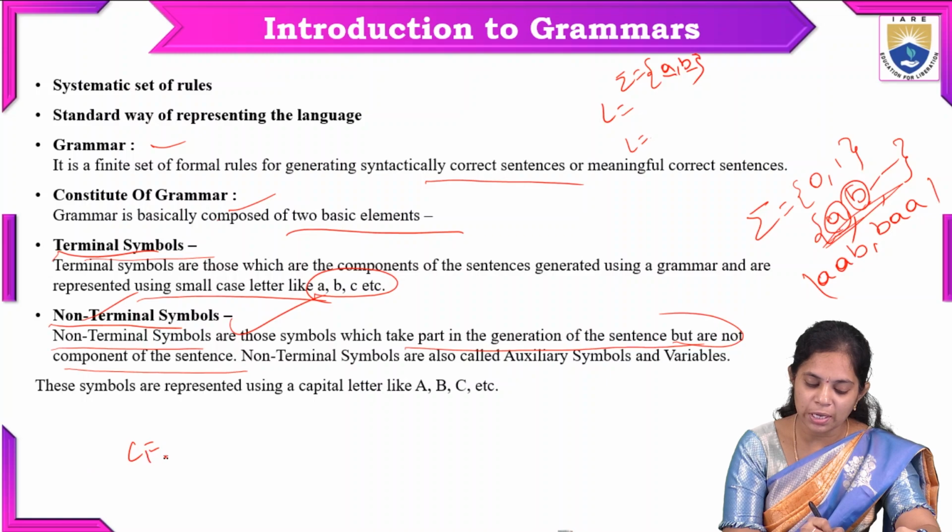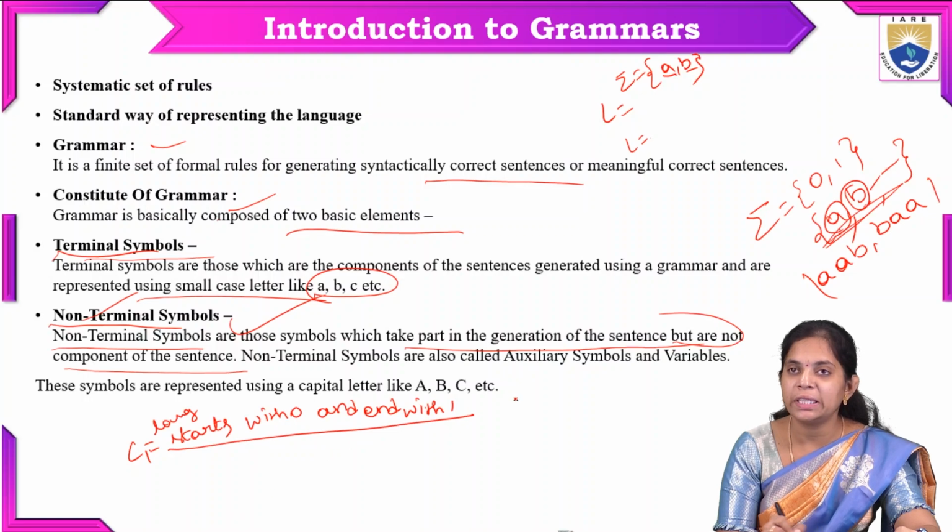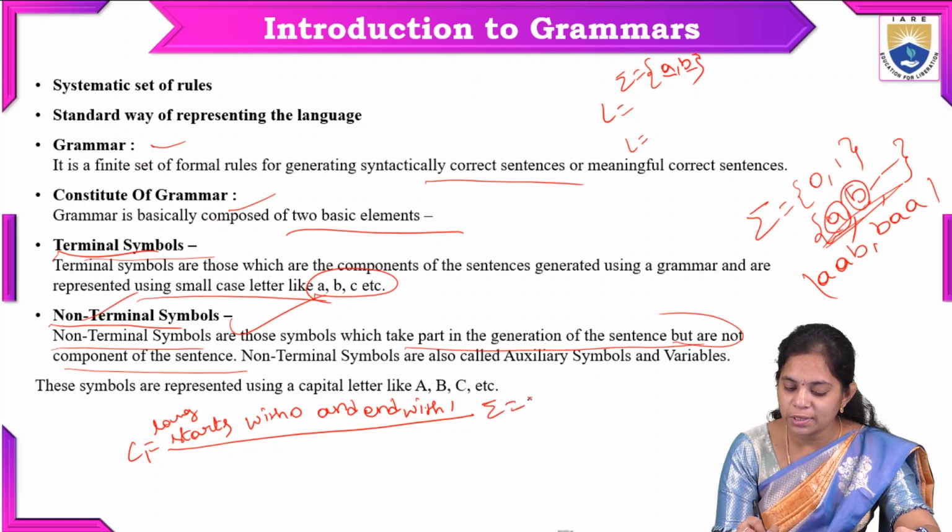Suppose we take the language L1 which says that it starts with 0 and ends with 1. This language is a set of strings we need to form, and sigma is equal to 0, 1.